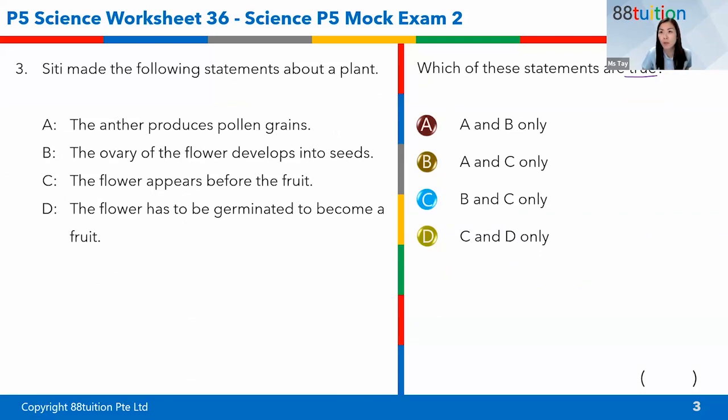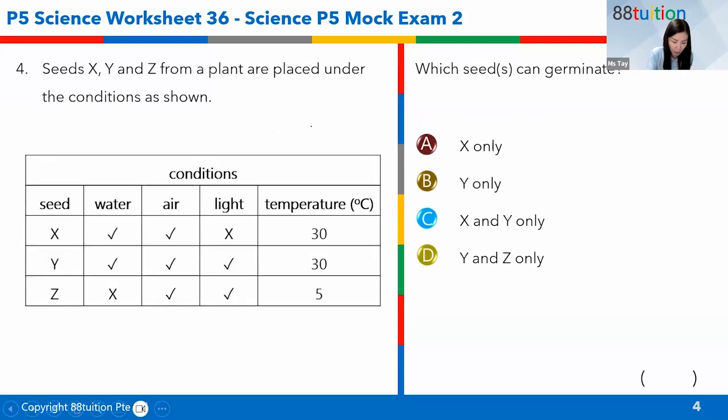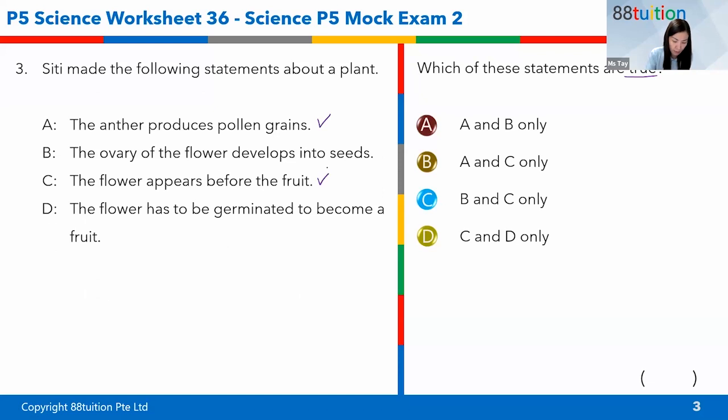Yeah, question 3. Not a problem at all. Okay, yeah, answer is B. That's right. So statement A and statement C. Correct or not? Am I right? Yeah, very good. Okay, so let's go on. Nothing much to explain there.